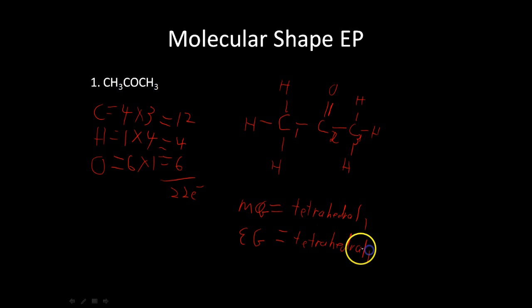We move to the second central atom here. We see that it's got 3 electron domains. All of them are involved in bonding, so it'll have the same electron and molecular geometry. So this one is called trigonal planar.